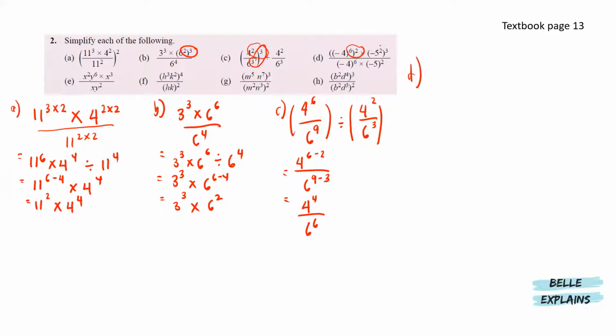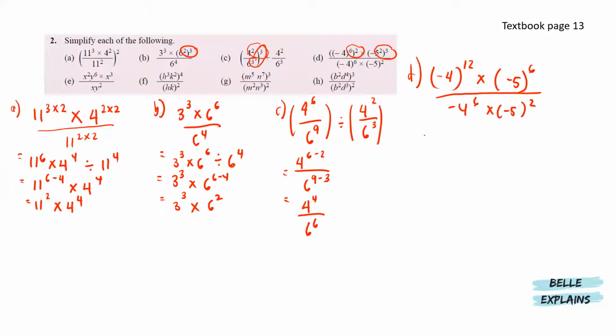Next for D, let's open up the brackets first. So here we have negative 4 to the power of 6, and outside the bracket we have 2. So we have negative 4, 6 times 2 gives us 12, and then times negative 5, 2 and 3 here gives us 2 times 3 is 6, over negative 4 to the power of 6 times negative 5 to the power of 2.